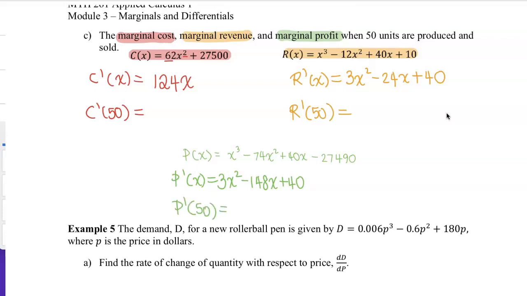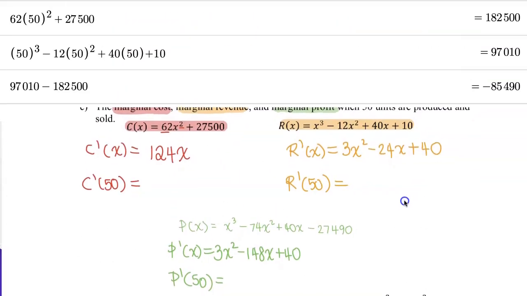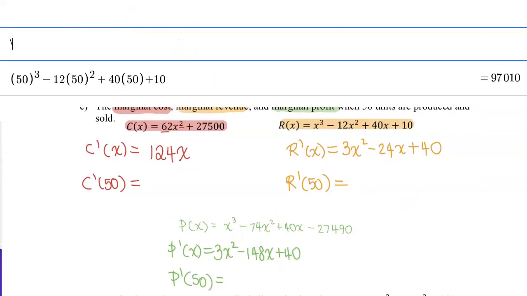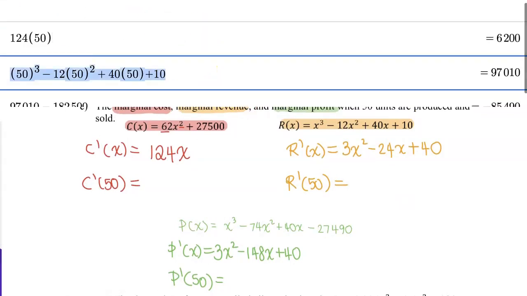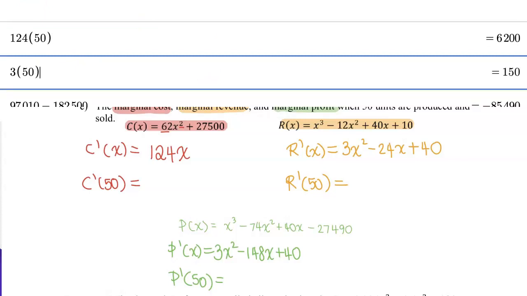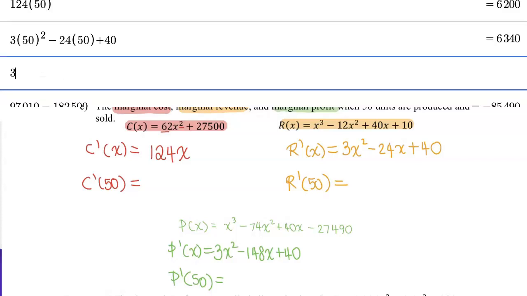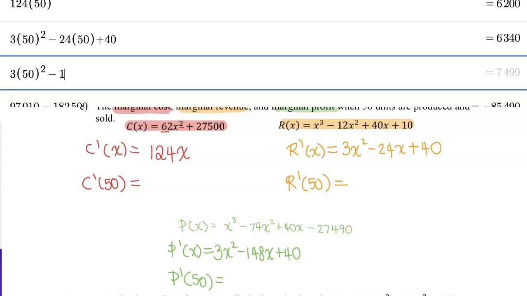All right, I need my calculator for this. So starting with the very first red one, I will do 124 times 50. The next one is 3 times 50 squared minus 24 times 50 plus 40. And the last one is 3 times 50 squared minus 148 times 50 plus 40.